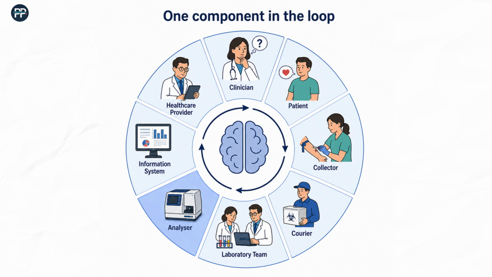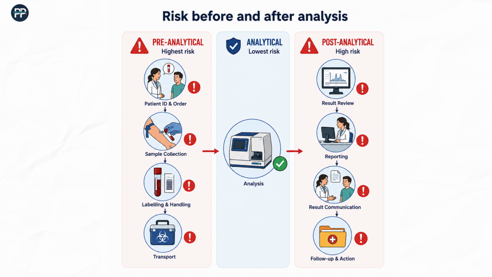The analyzer is only one component within that loop. And while the analytical phase is extremely important, it is often the steps before and after analysis that create the greatest risk to patient safety.